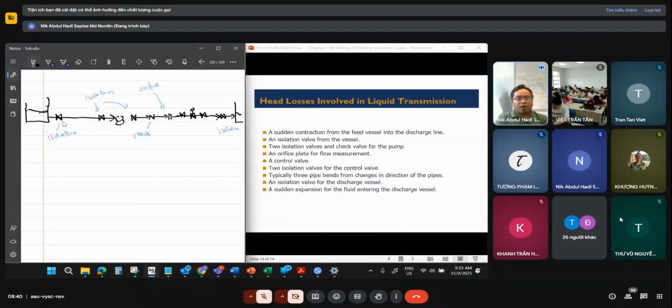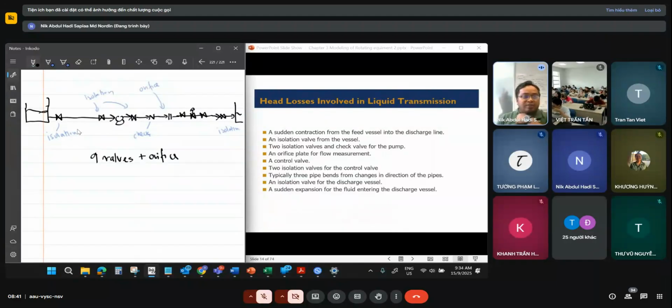So basically we have 1, 2, 3, 4, 5, 6, 7, 8, 9 valves and also an orifice based on this guideline. Based on this guideline, all of this would induce head losses.